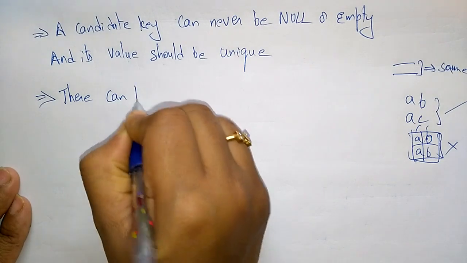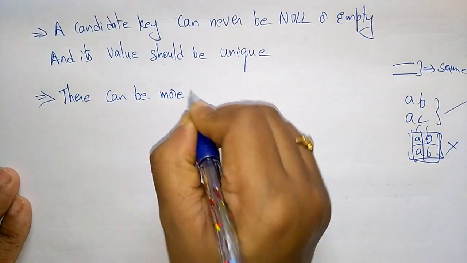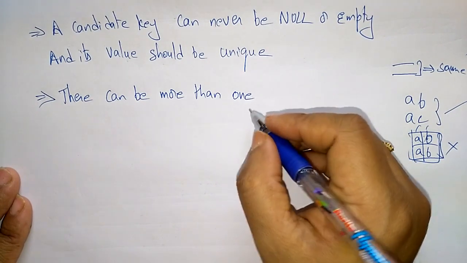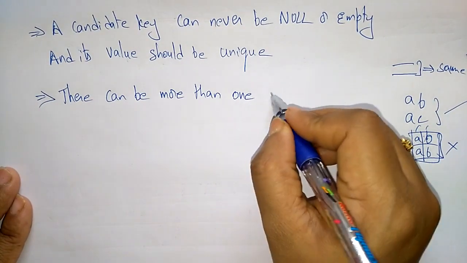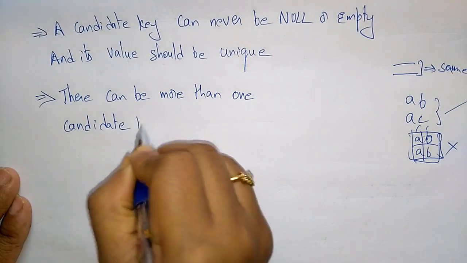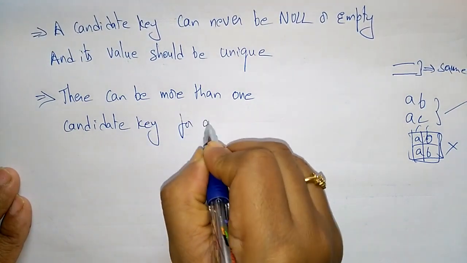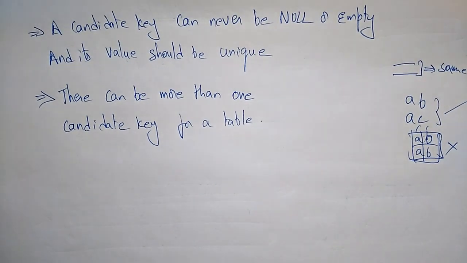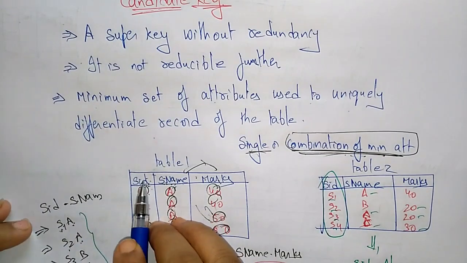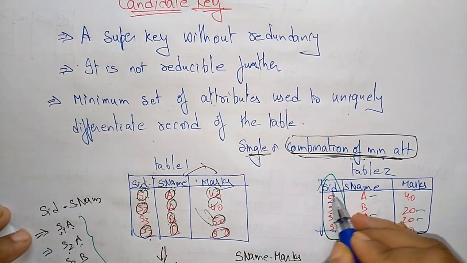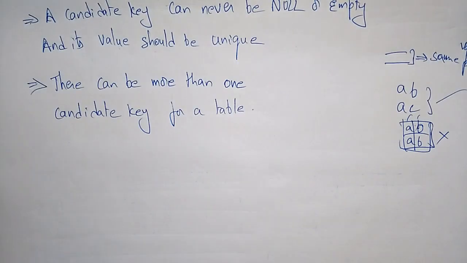There can be more than one candidate key for a table. Yes, there may be a chance of having more than one. In the previous video I had taken student ID as a candidate key, or I can take student ID and student name both as a candidate key.